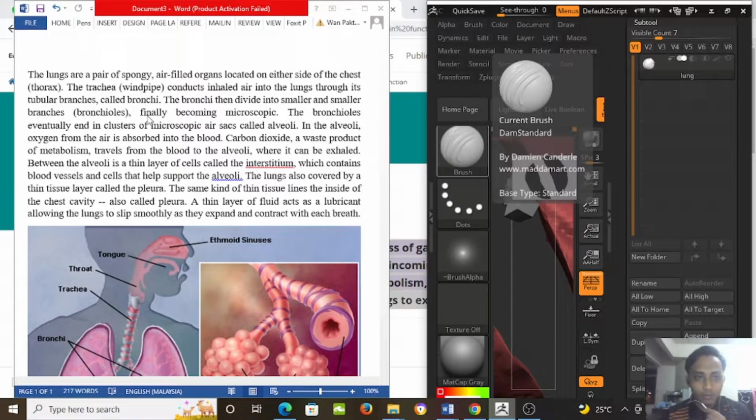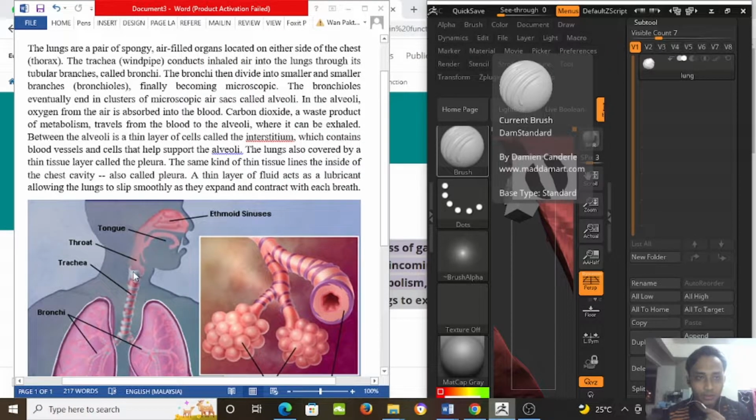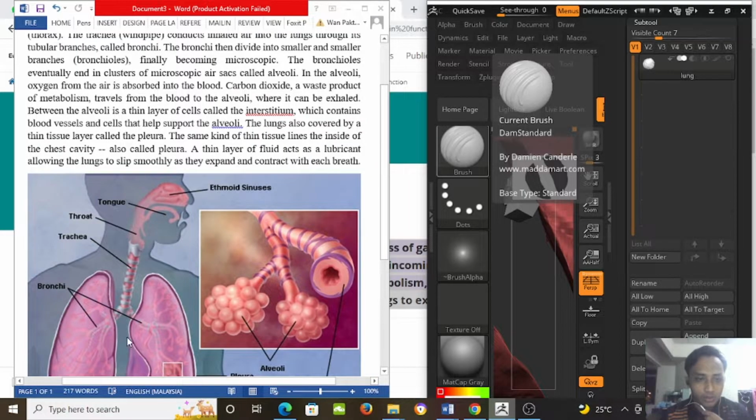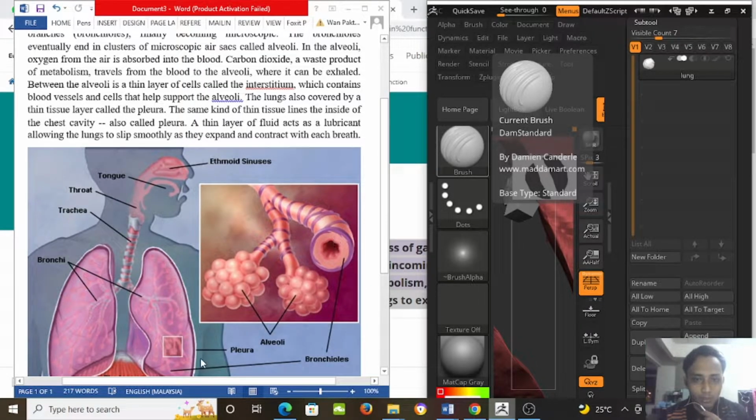The trachea, or windpipe, conducts inhaled air into the lung through its tubular branches called bronchi. Here are the bronchi, and the bronchi then divide into smaller and smaller branches, which are bronchioles. This is the bronchioles as you see here.